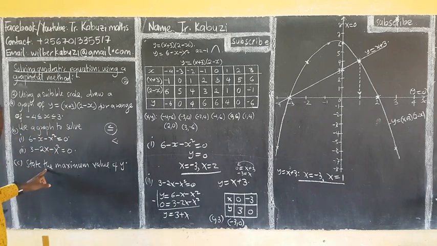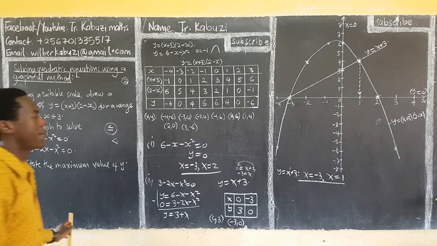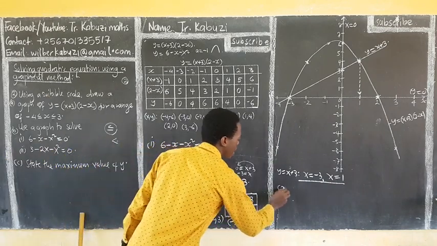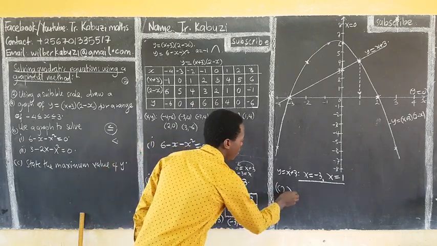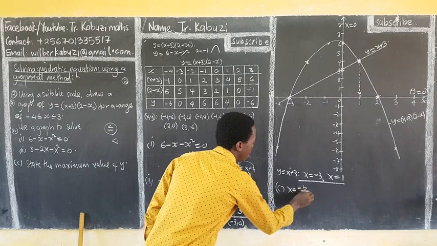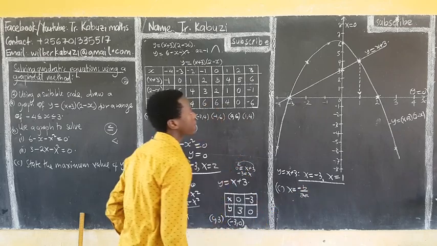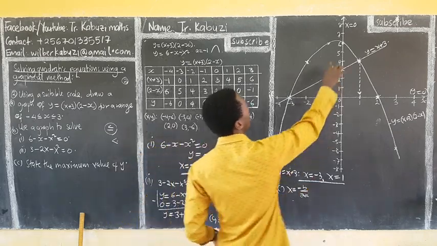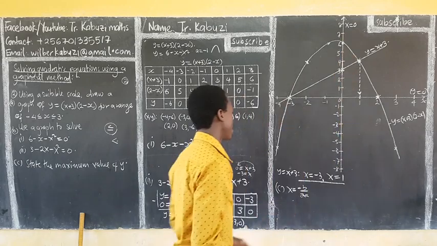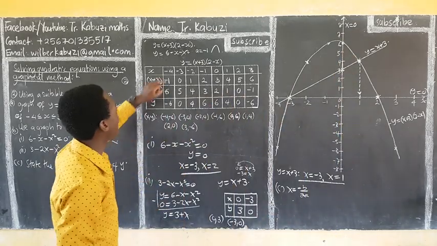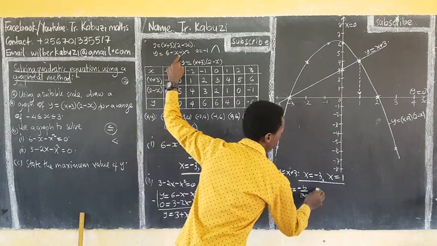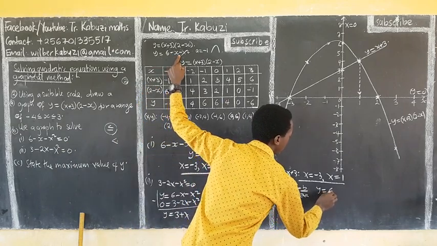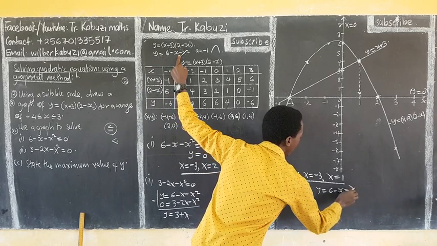Then I come to get the maximum value. The maximum value occurs when x is equal to negative b over 2a. If you have a graph property, you can read it there. But me, I don't have a graph, so I get my a from this equation, which is y equal to 6 minus x squared.